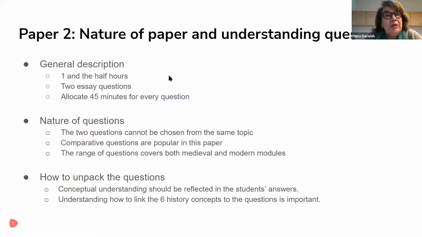Okay. Paper 2, as I have said before, is a 1.5-hour paper. It requires students to choose to answer 2 essay questions. And we often divide the 1.5 hours between those 2 questions, and we say 45 minutes should be allocated for each question. And the questions cannot be chosen from the same topic.